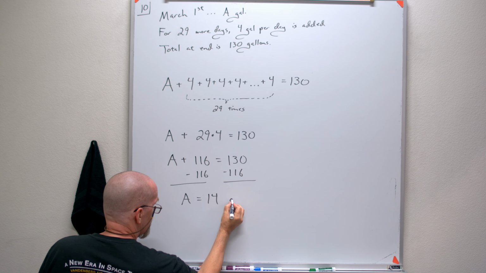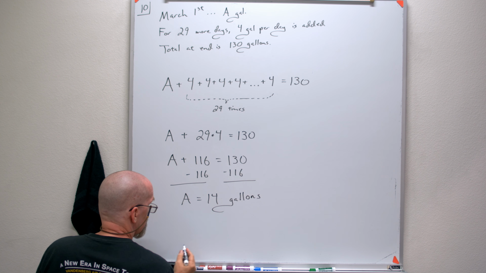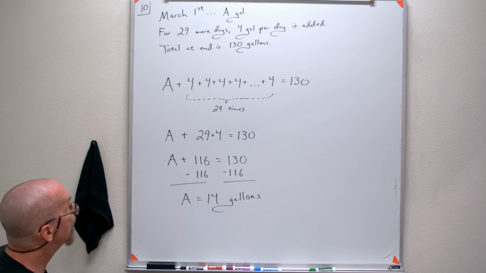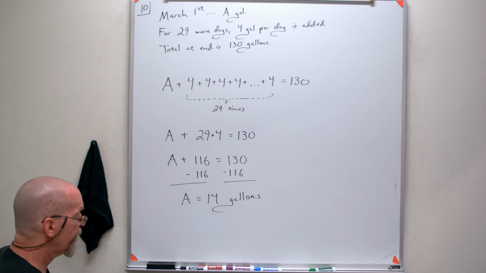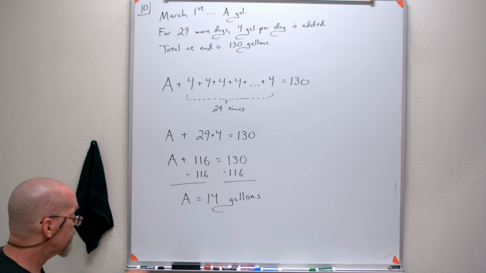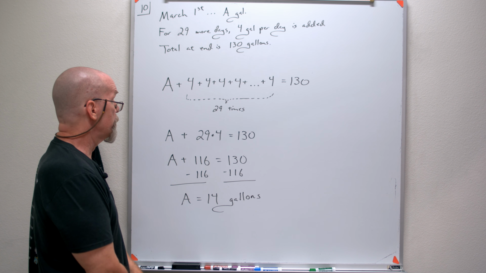And so for this one, we get started off with 14 gallons of water in the tank and ended up with 130. Assuming evaporation of water does not exist, that. So that's how you would approach and do number 10.